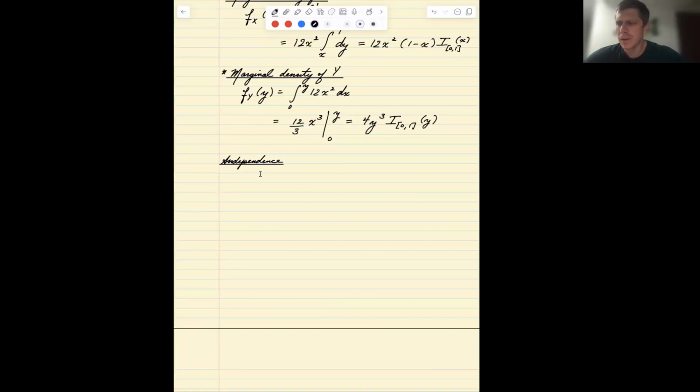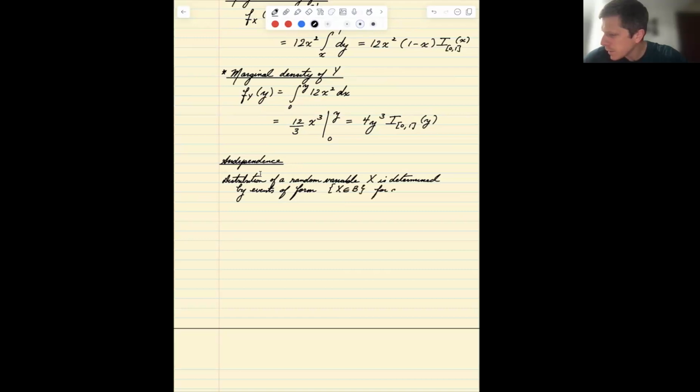But essentially, when we think about the distribution of a random variable, just note that the distribution of a random variable X is determined by events of the form the event that X is in B, for all suitable subsets B in the real numbers.